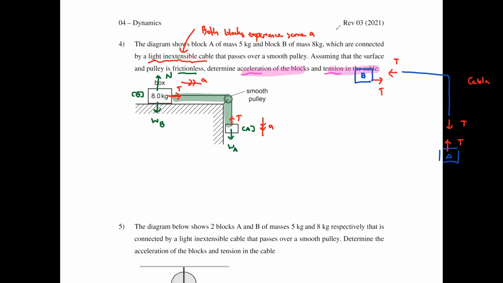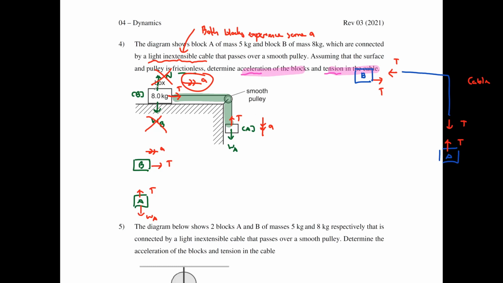For this, you will need to use simultaneous equations. Let me draw it out nicely. For block B, I have tension T and acceleration A. And for block A, I have the weight of A and then tension T. I won't consider the normal reaction force and the weight of B here because none of these forces are in the same direction as my acceleration.